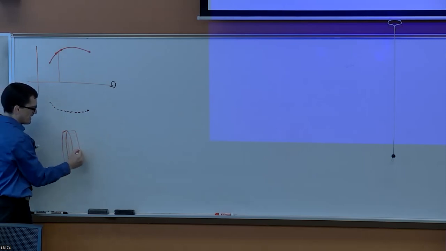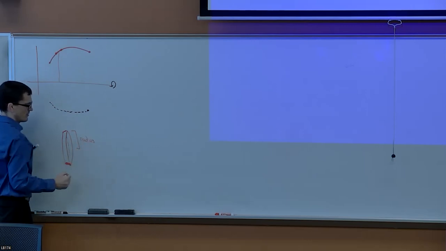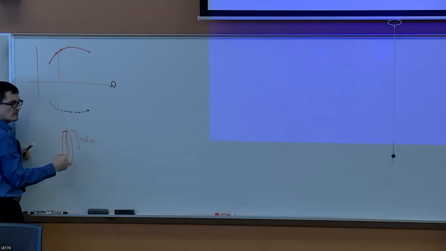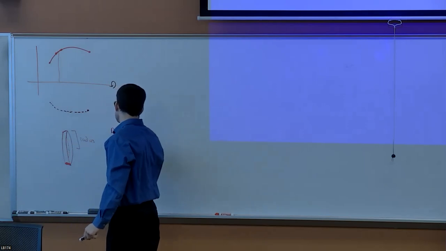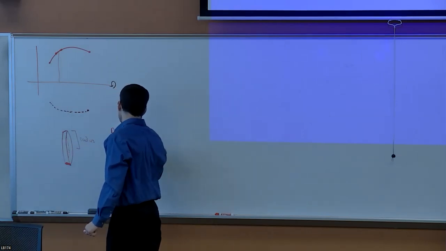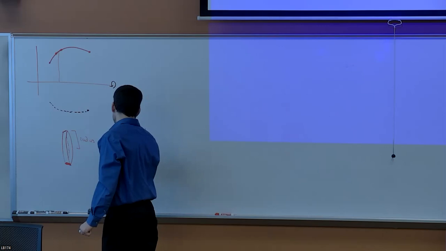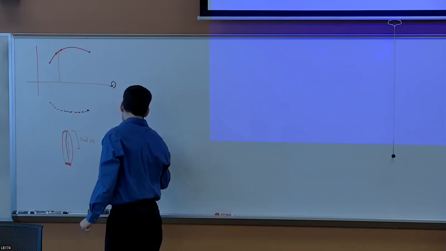Well, whatever the radius is, the distance around is the circumference of the circle, which is 2 pi times the radius.